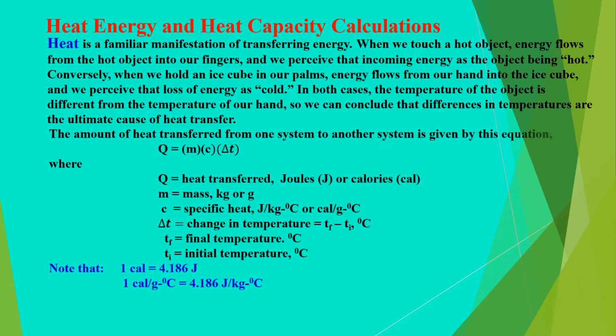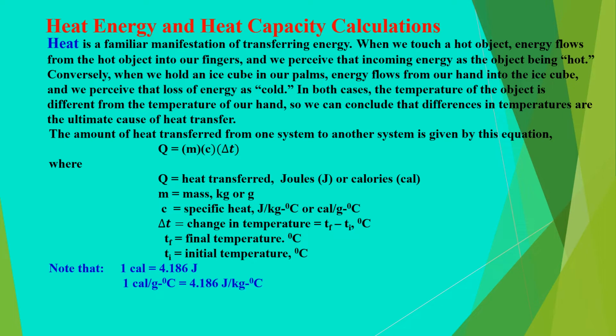The amount of heat transferred from one system to another system is given by this equation: Q equals M times C times delta T, where Q equals the heat transferred in joules or calories, M is the mass in kilograms or grams, C is the specific heat in joules per kilogram per degree Celsius or calories per gram per degree Celsius.